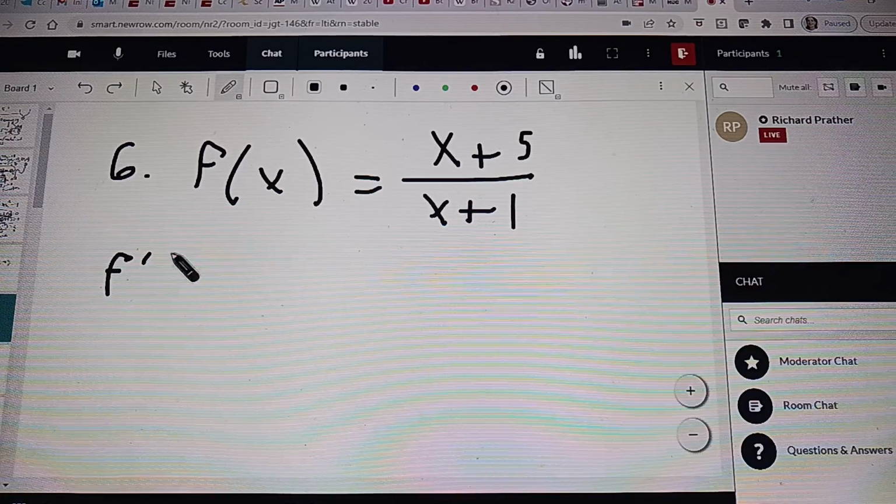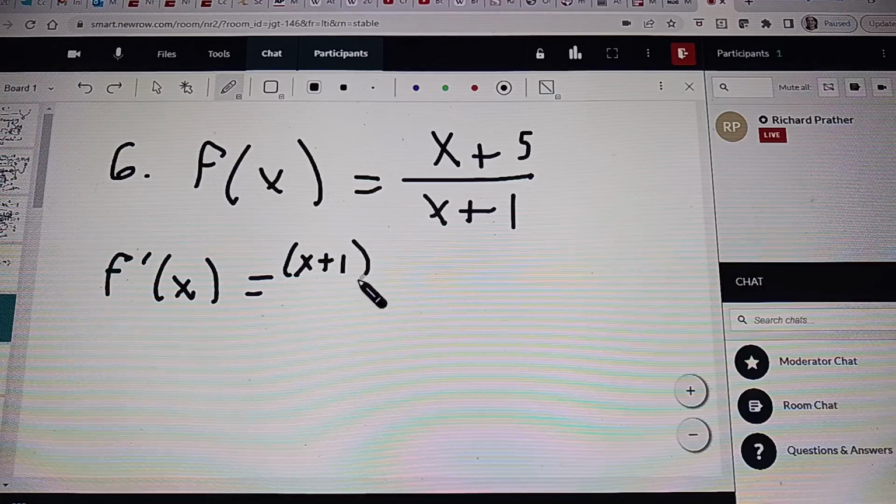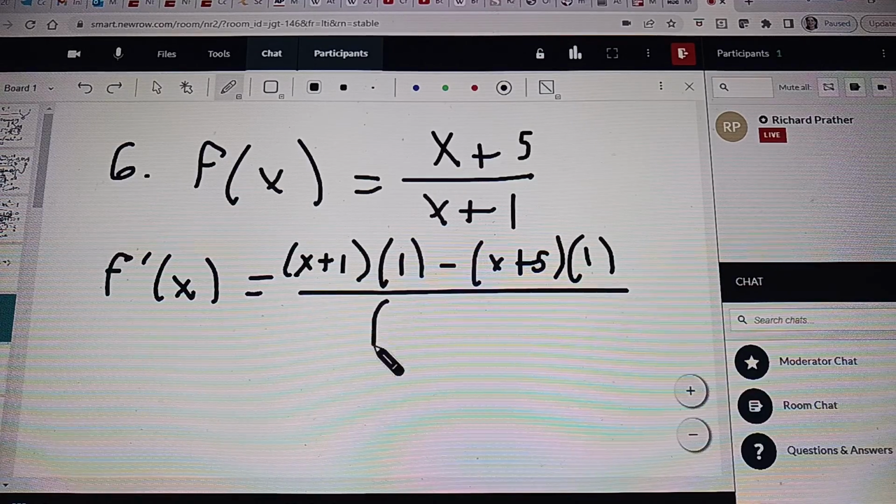If I do the derivative of this, this is a quotient rule. So second times the derivative of the first, which is just 1, that's the slope of it, minus the first times the derivative of the second, which is just 1, over the second squared.